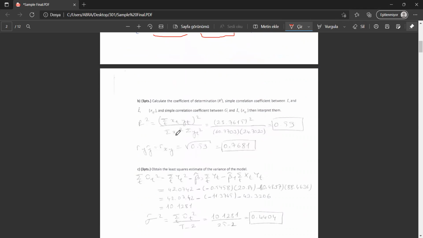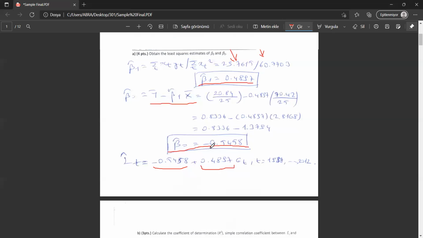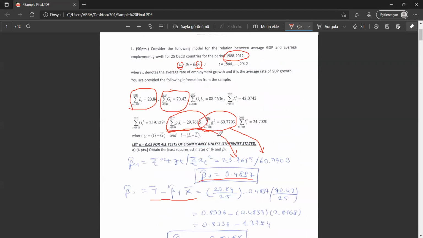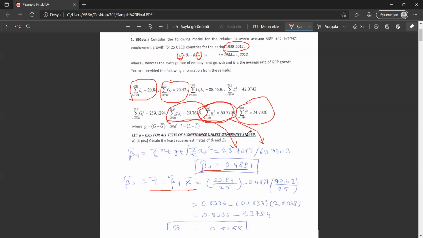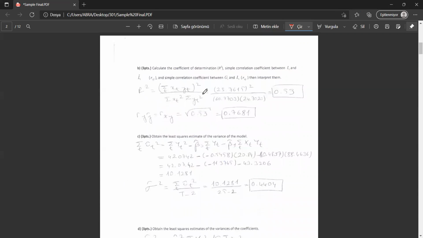And in the denominator, we have the summation of xt squared and the summation of yt squared, which are given in the question as well. We have used them in the previous part as well. So you will just put the values and calculate. You need to know the formula for the correlation coefficient. And by taking the square of it, you can find the R squared.